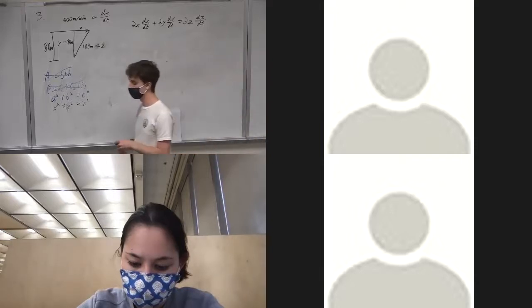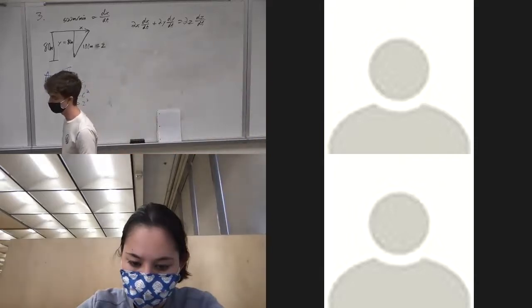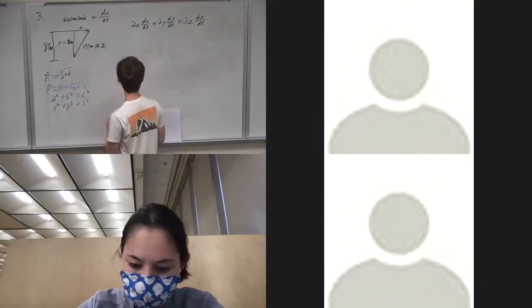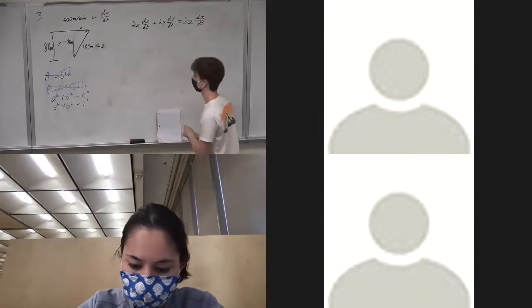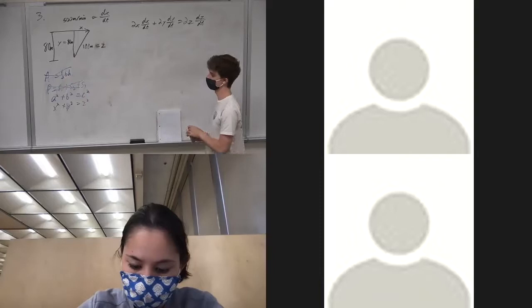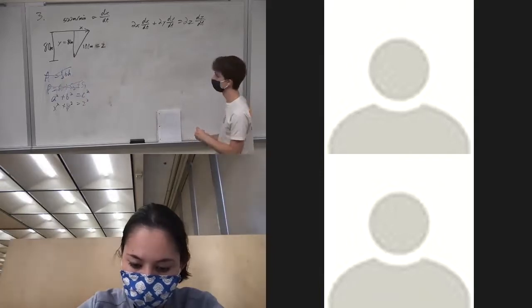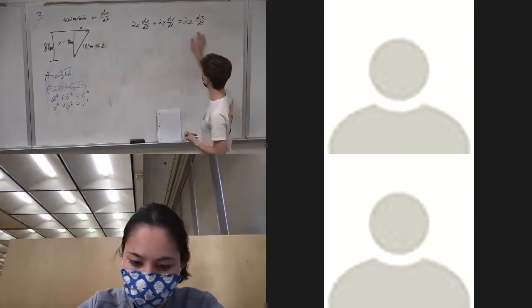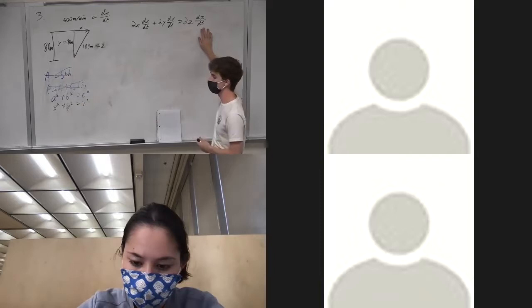Because the end goal states we want to find the rate at which the distance from the bird to the hunter is increasing. So which variable, X, Y, or Z, corresponds to that distance between them? Z, yes, exactly. And which of these relates to the rate of change of Z?